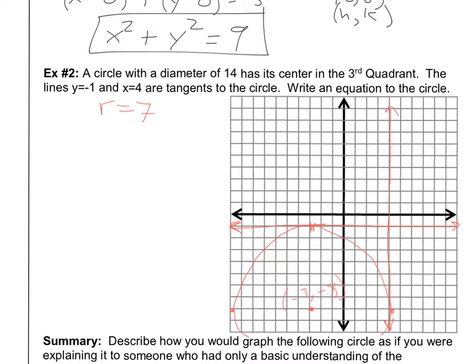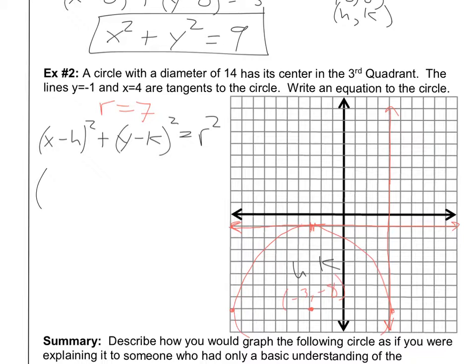Well, this is really easy because we know the pattern. The pattern for our circle is x minus h squared plus y minus k squared equals r squared. Well, the h and the k are right there, and we're going to have double negatives. So this is pretty easy.